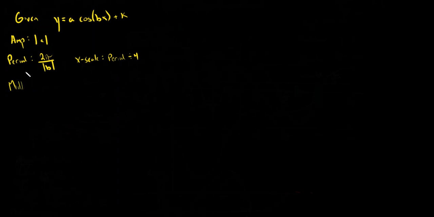The midline is found by finding whatever that vertical shift is, this value of k. If it got shifted up 2, the midline is at y equals 2. If it got shifted down 3, if it was minus 3, it would be y equals negative 3. So all of these values are the exact same. The way we find everything with sine is the way we find everything with cosine.